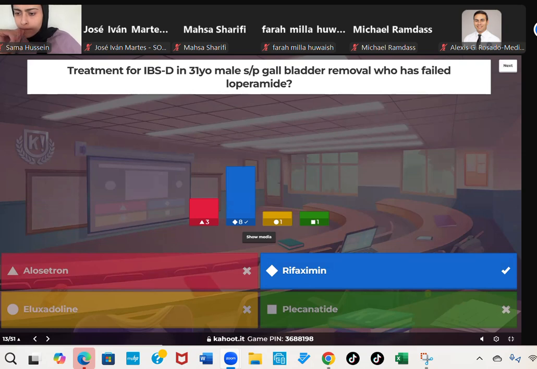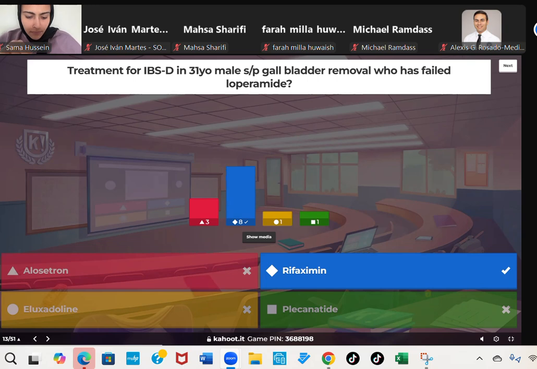Because we want to Control Alt Delete the gut. Yes. So rifaximin is for IBS-D. Like I said yesterday, it's kind of Control Alt Deleting the gut and resetting the bacteria in the gut to hopefully decrease the diarrhea. Rifaximin is approved in patients who are XX and XY, so patients assigned male at birth and patients assigned female at birth.